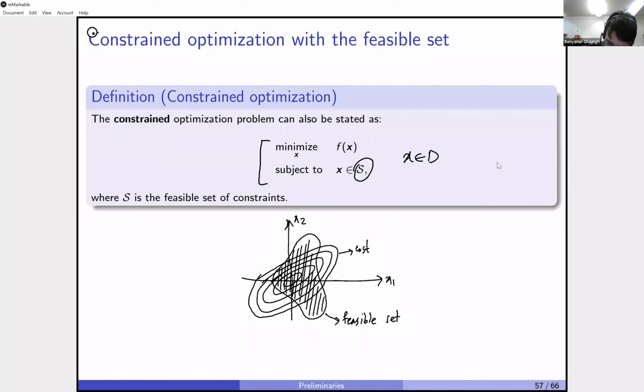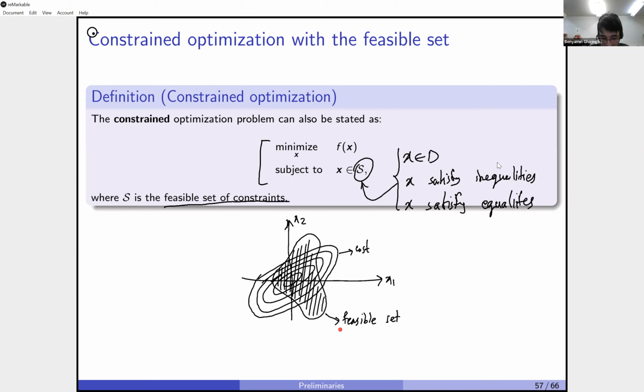X should be in D, X should satisfy inequalities, either less than or equal to or greater than or equal to, and X should satisfy all equality constraints. All of these, if we integrate them into the set S, we can write it in this way, right? So S can be a feasibility set, the constraint set, or the feasible set of constraints.